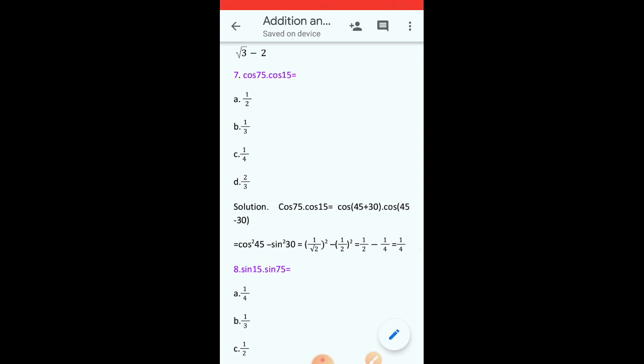Okay, and the next question is sin 15 into sin 75, and again we have 4 options, only one is correct.